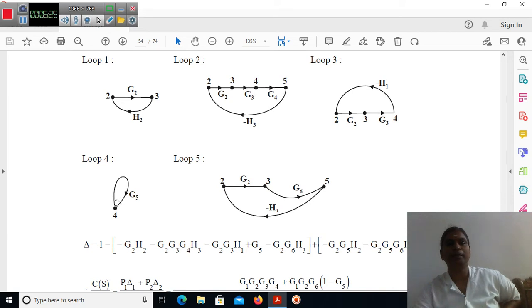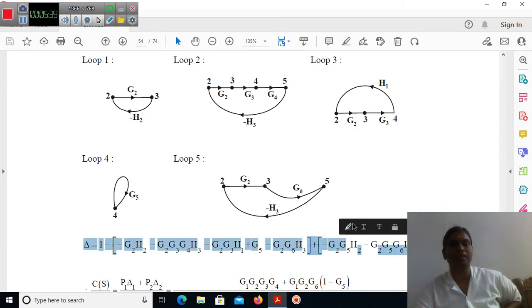So if we compare loop 3 with the other loops, all are touching loops. Next we compare loop 4 and loop 1. The same content is repeating again, so we take it only one time. Next, loop 4 is compared to loop 5.